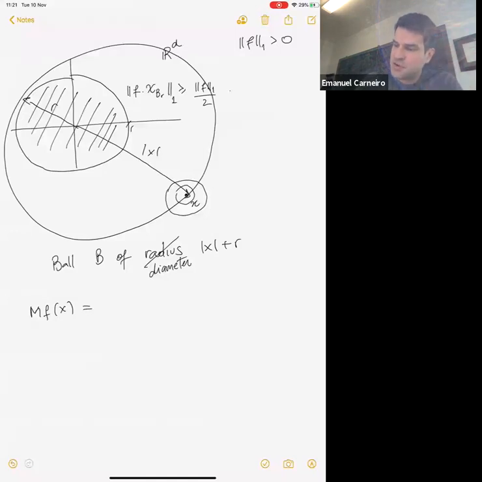In particular, it's bigger or equal than this particular ball. But in this particular ball, the Lebesgue measure of the ball is essentially the radius or the diameter raised to the d, times a constant maybe.